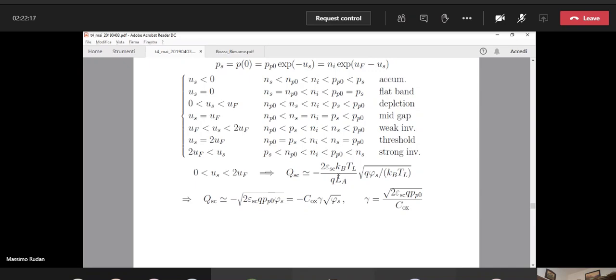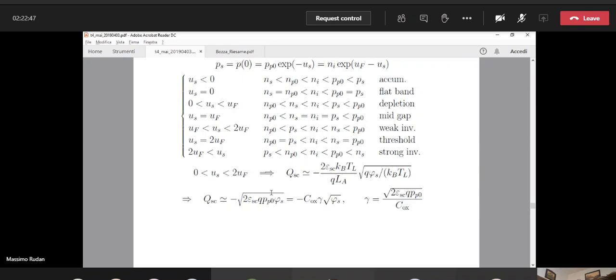So when we express LA with its formula, we can simplify many things. So this expression here becomes much simpler, this one. It is equal to minus the square root of 2, the permittivity of the semiconductor, Q, PP0 phi S, okay? So we have a few constants and phi S.